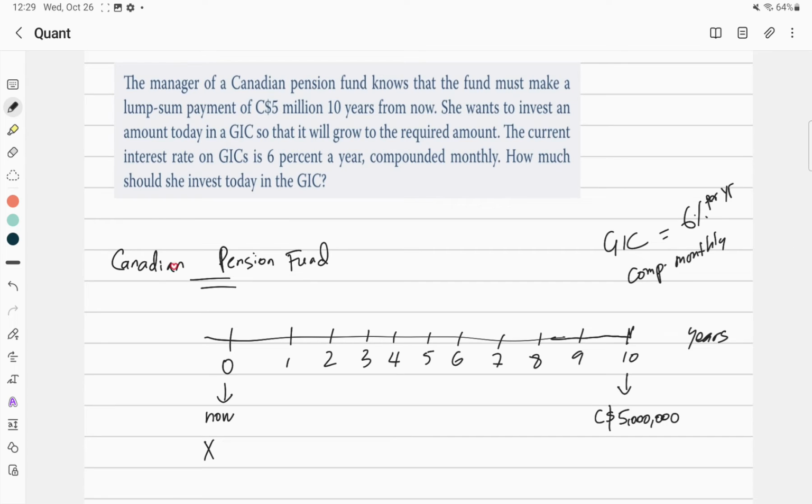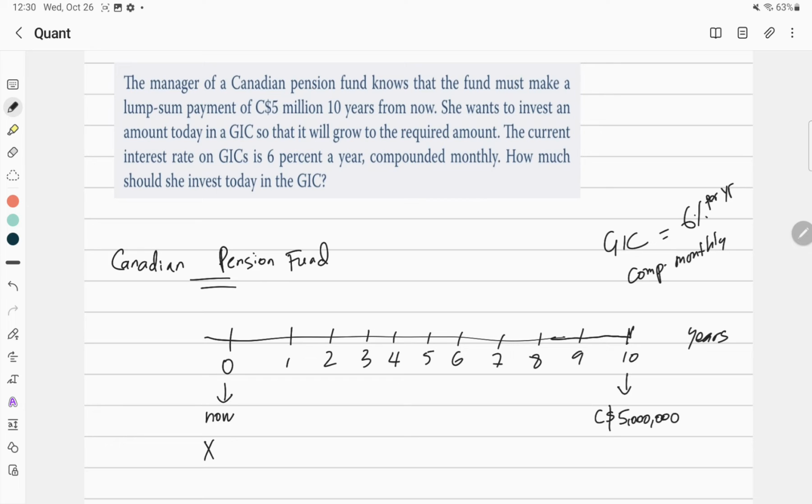So this manager needs to pay her investors $5 million in 10 years, and she wants to know how much she should invest now into this GIC fund that pays 6% per year interest compounded monthly, so that in 10 years she will have $5 million to pay her investors.